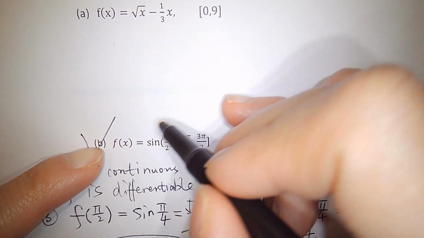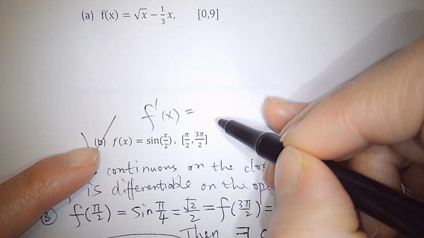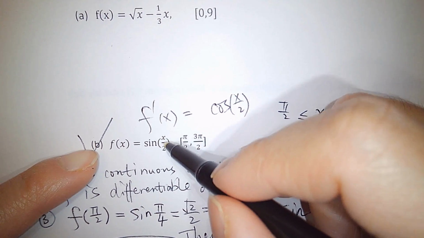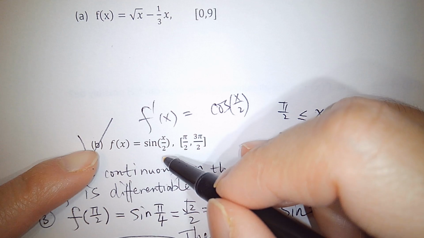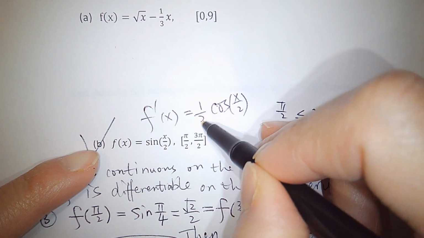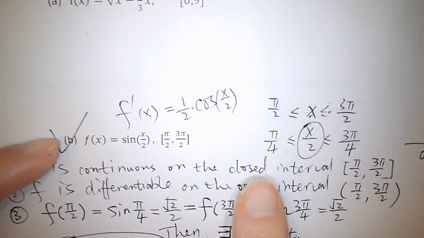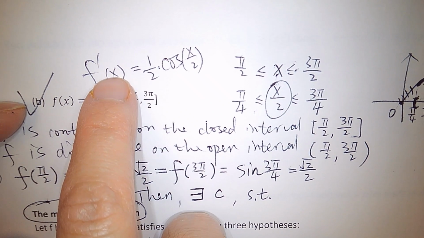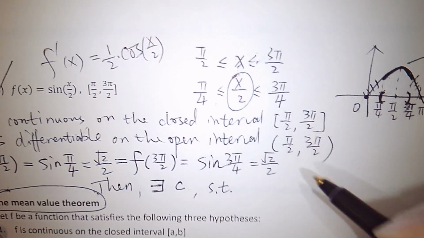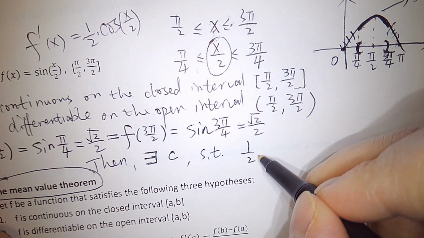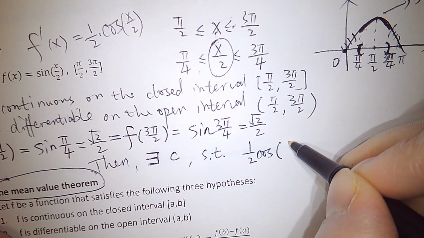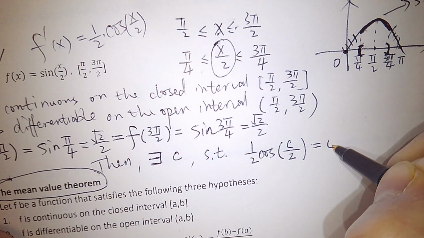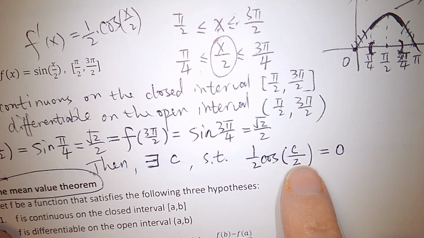Let's compute it here. Cosine of x over 2 times, by chain rule, x over 2's derivative with respect to x, 1/2, right? So there must exist a C such that f prime of C equals what? 0. So 1/2 cosine of C over 2 must be what? 0. Then we can find this C.